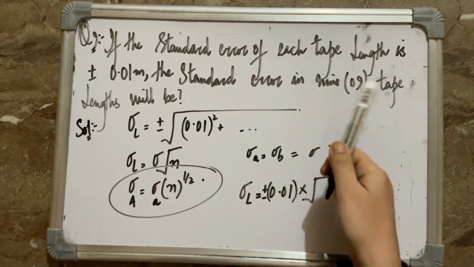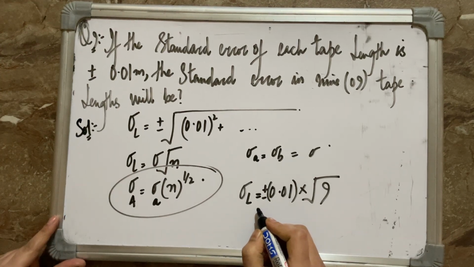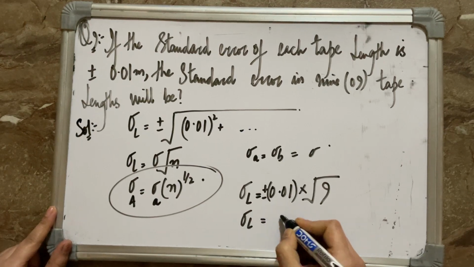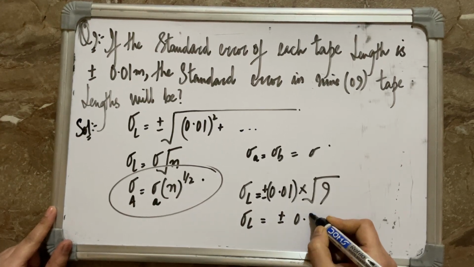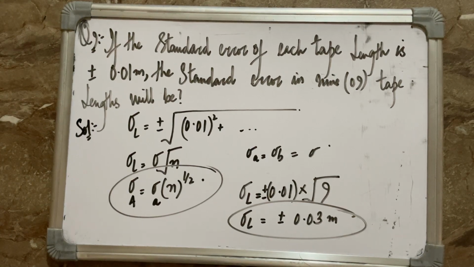I have to calculate in 9 tape lengths. So by calculations, this is plus minus 0.03 meters. This will be the standard error in 9 tape lengths.